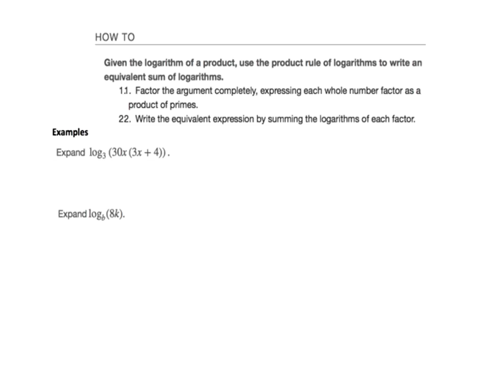So if we're given a logarithm of a product, you can use that rule to write an equivalent sum of logarithms. And I'll show you that here. So this first one, I have log base 3 of 30 times x times 3x plus 4. So I have three factors here that I am multiplying. I'm multiplying 30, I'm multiplying x, and I'm multiplying 3x plus 4.